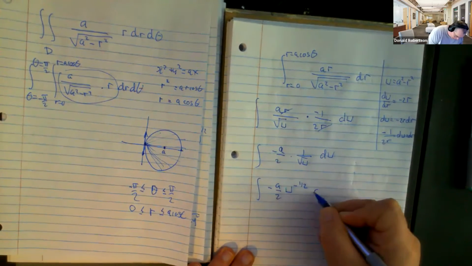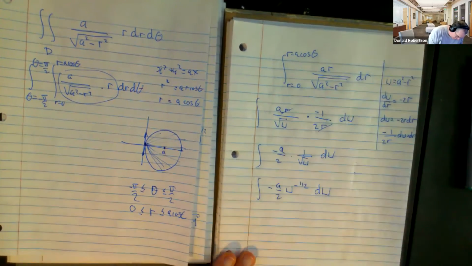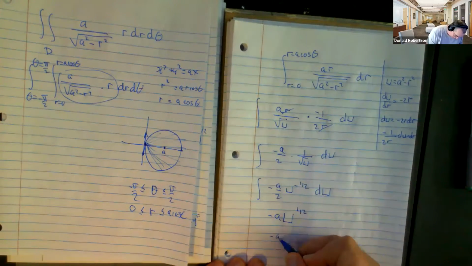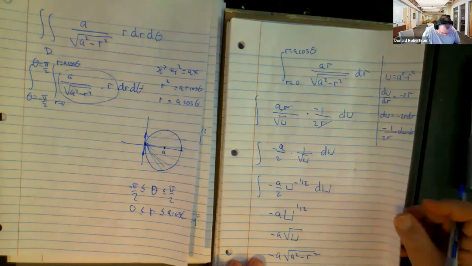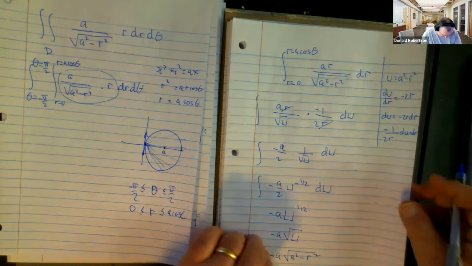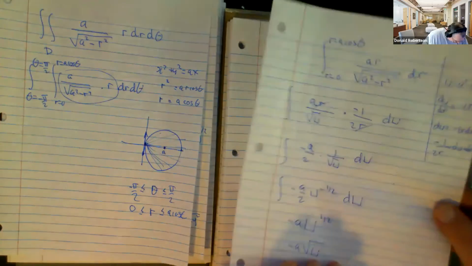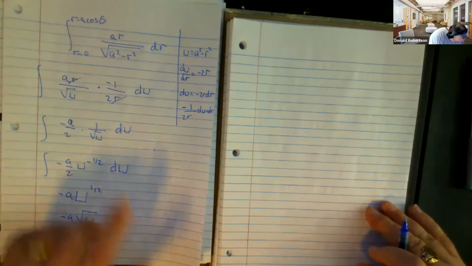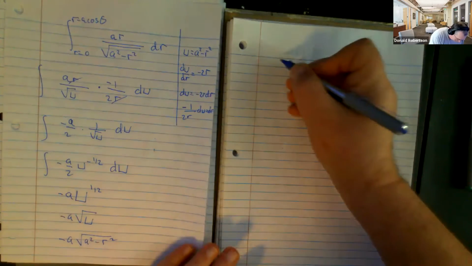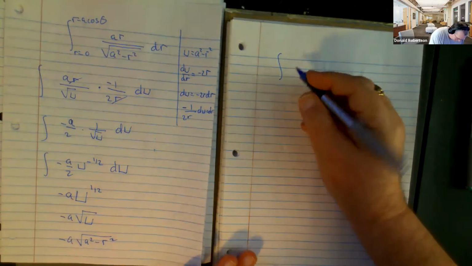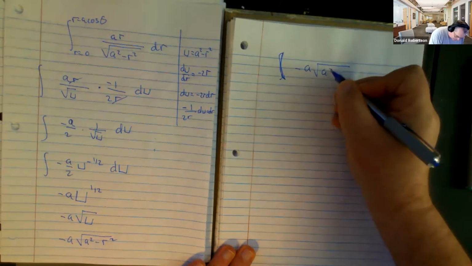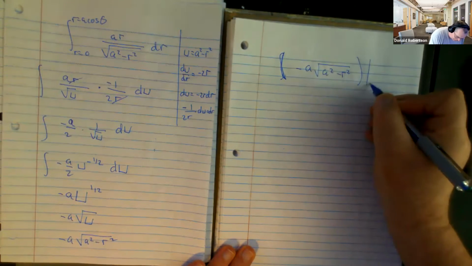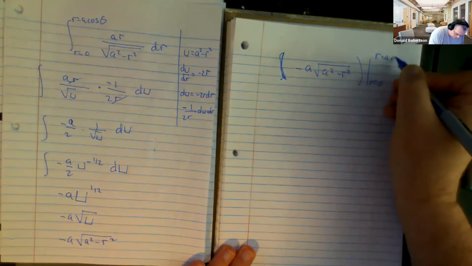Now you add 1 to the power, and you divide by the new power. You then turn it back into a square root, which you then turn back into that guy. So our integral, which is this one, is going to be negative a, the square root of a squared take away r squared, evaluated at 0 and evaluated at a cosine theta.